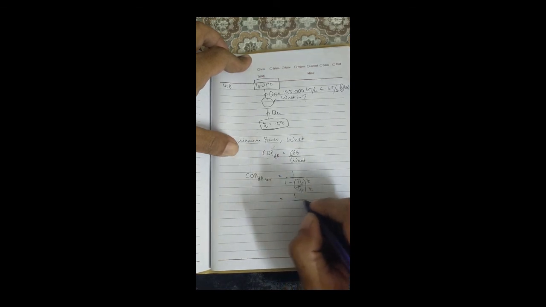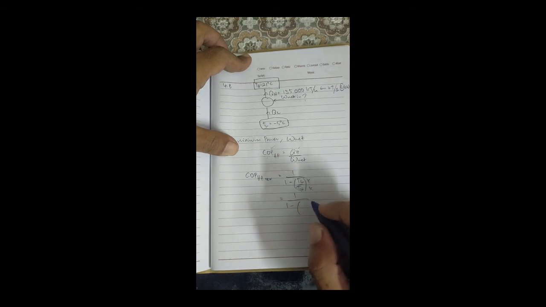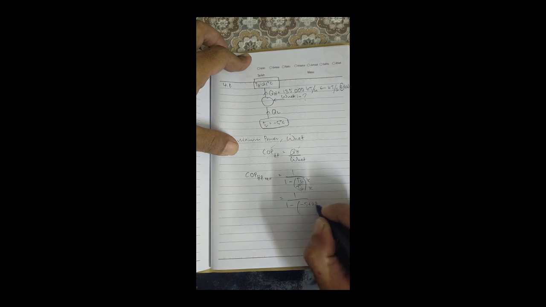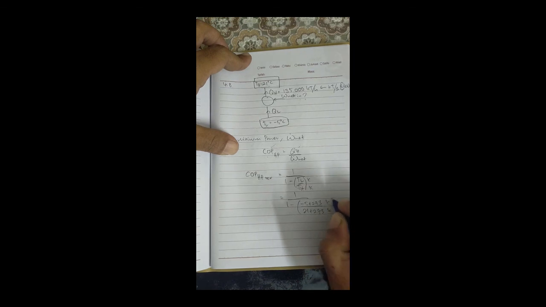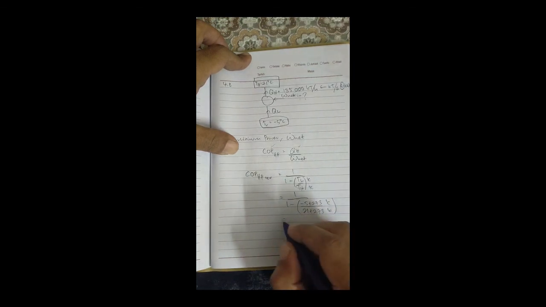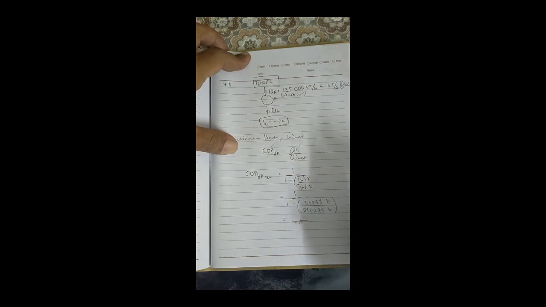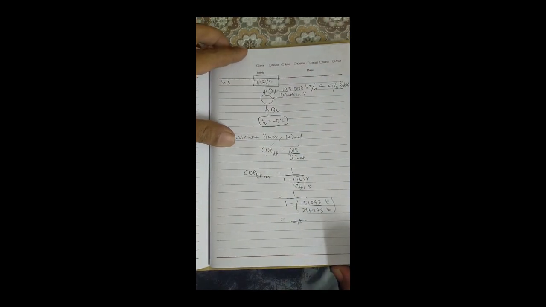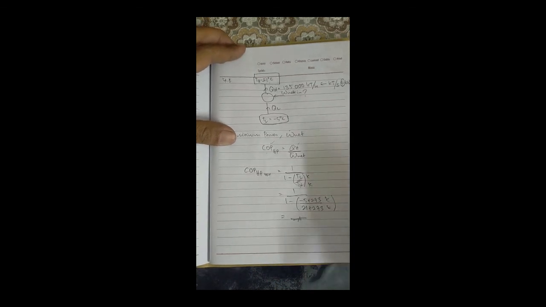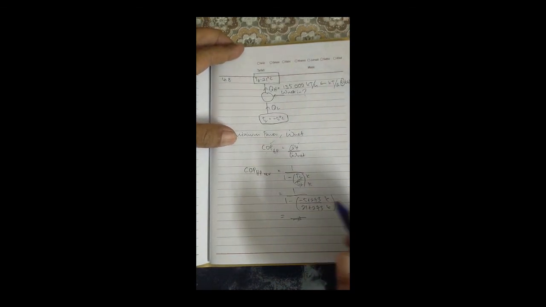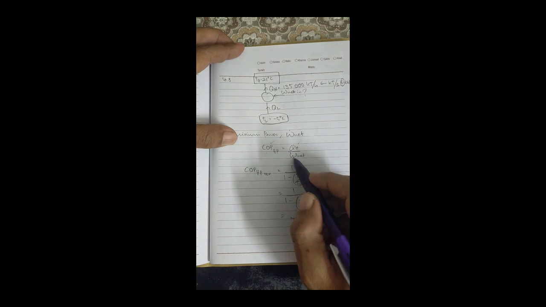So 1 minus T low, where T low is minus 5 plus 273, divided by 21 plus 273. This is in Kelvin. Okay, so you got your answer. And from this COP, you can substitute into this equation.